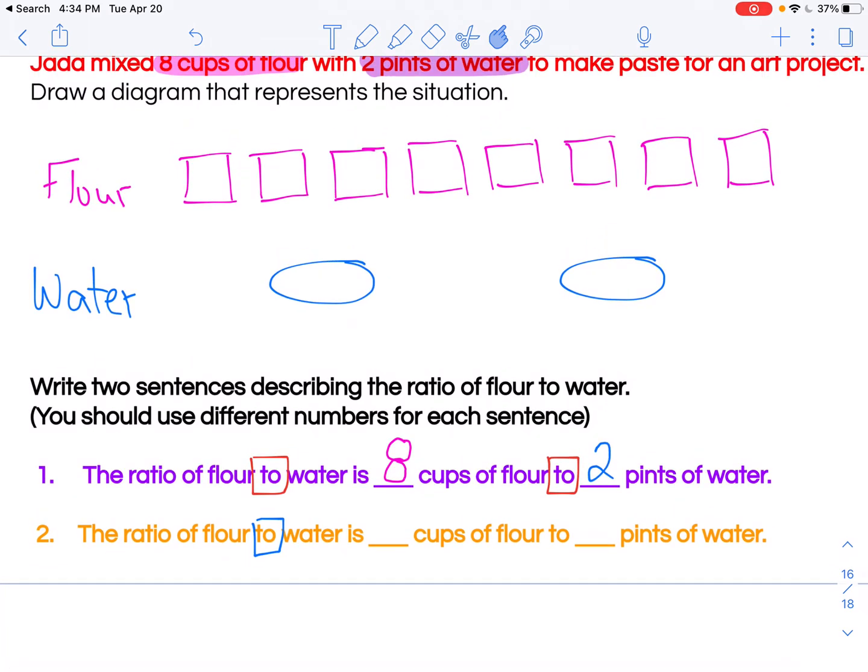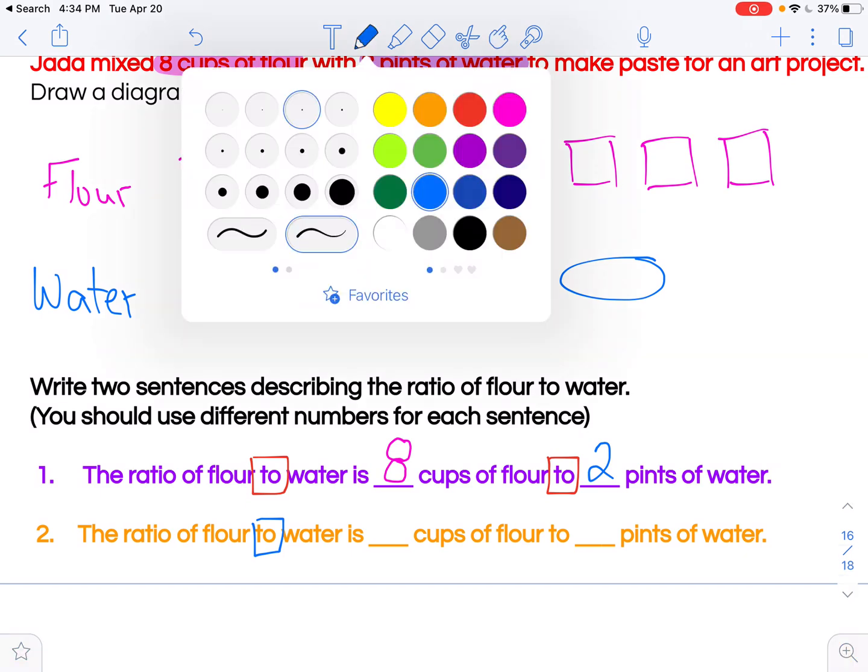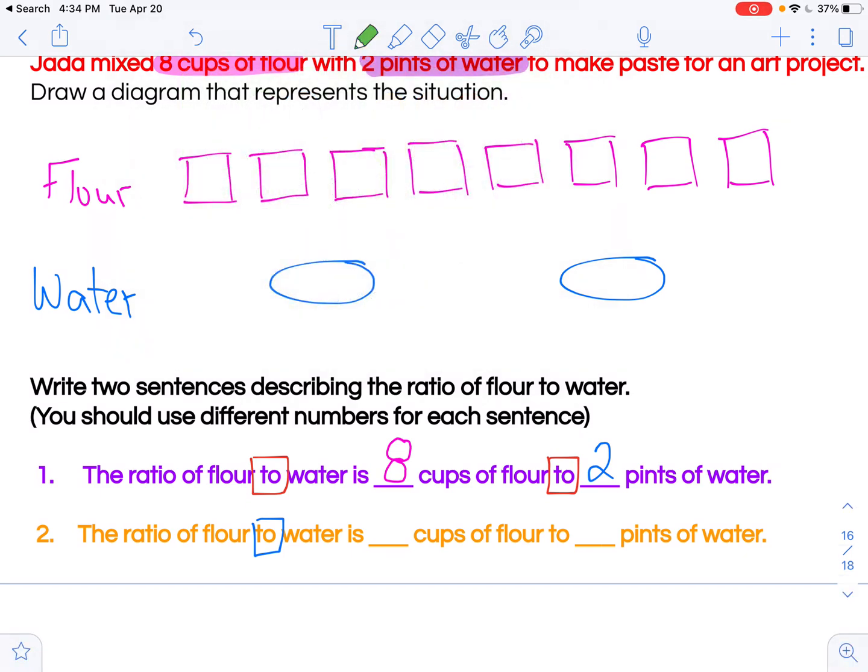So what I'm trying to do is to divide this into equal groups. Because there are 2 water pictures, I'm going to try to divide this in half. If I put a line here, I can see it's 1 water and 3 flour. It's 1 water and 5 flour. That's not equal.